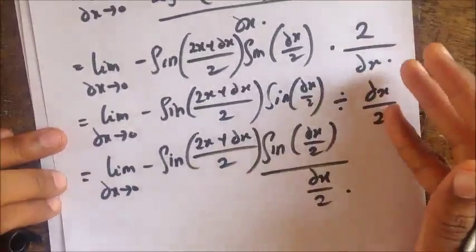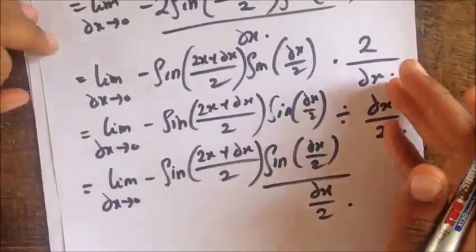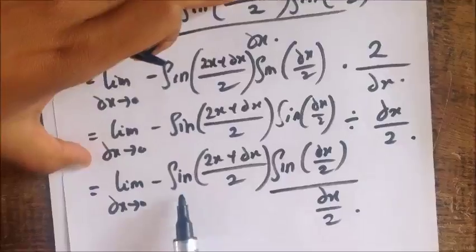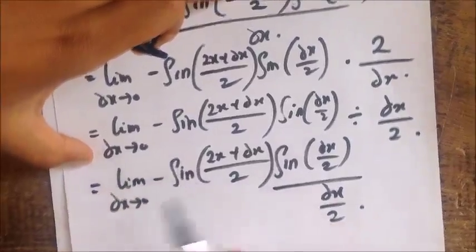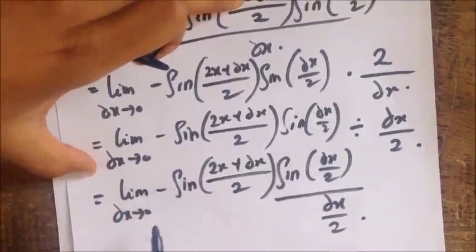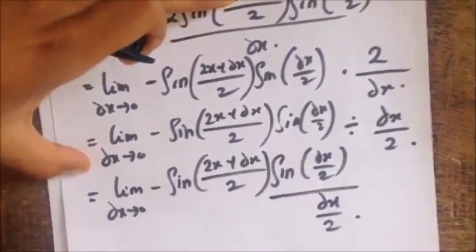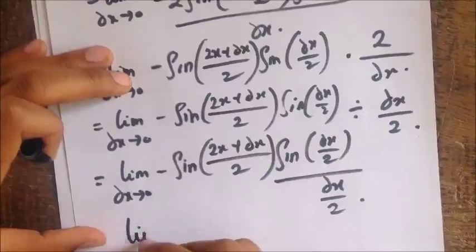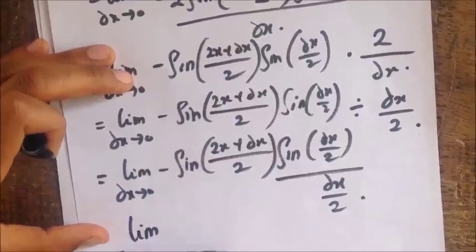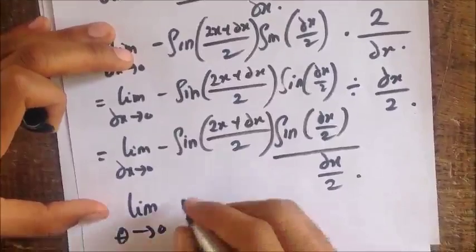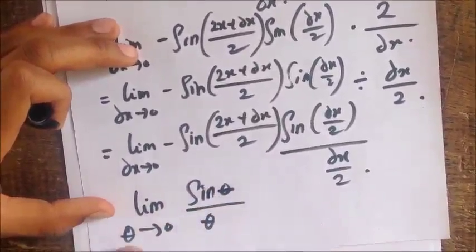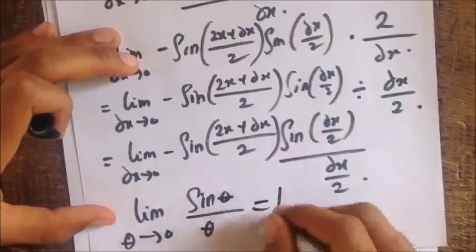Why did I do this now? We've seen algebraic properties of limits already. We've seen that if I'm taking the limit of two things that are multiplying each other, I can take the limits of them each one separately. So we have a limit rule. It says the limit as theta tends to 0 of sine theta divided by theta is just equal to 1.